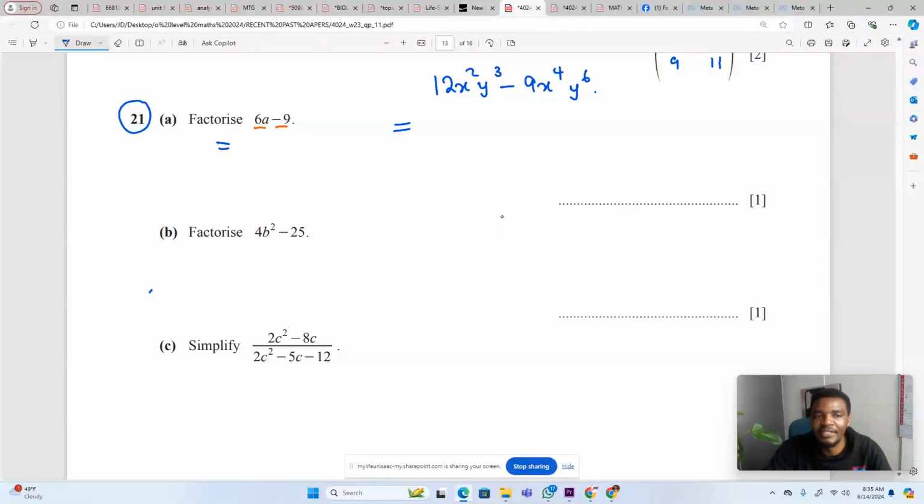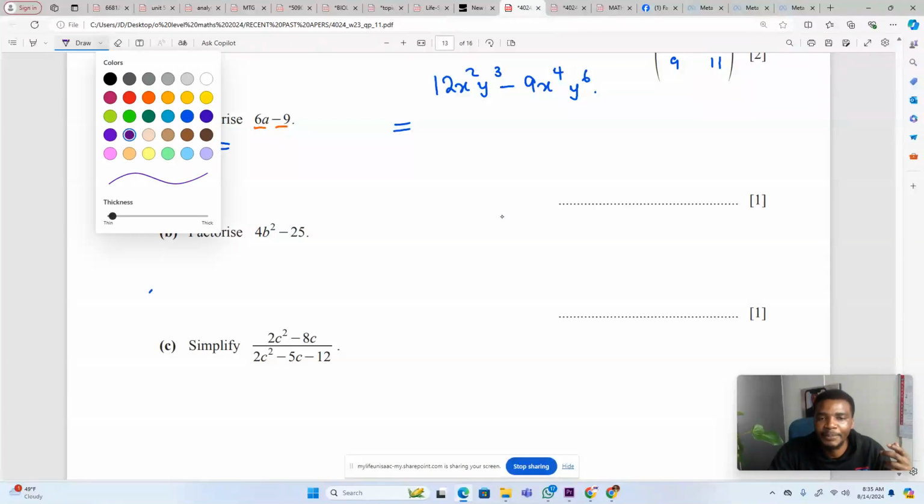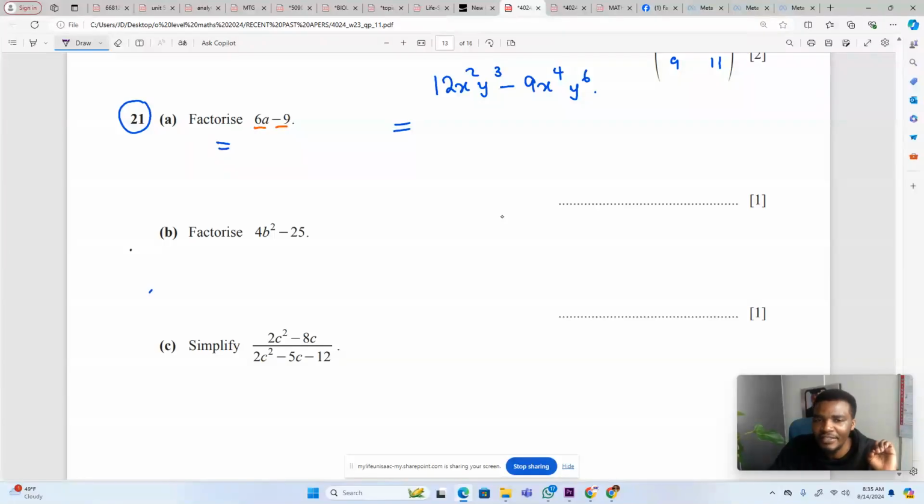So obviously, you have to check the highest common factor of 12x squared y cubed and the minus 9x to the power 4 y to the power 6. In other words, you have to look for that biggest number that can get into these two terms without leaving a remainder. Remember, that number is a bit hectic because we have some variables and all the other stuff, but make it so simple. Focus on one situation at a given time.